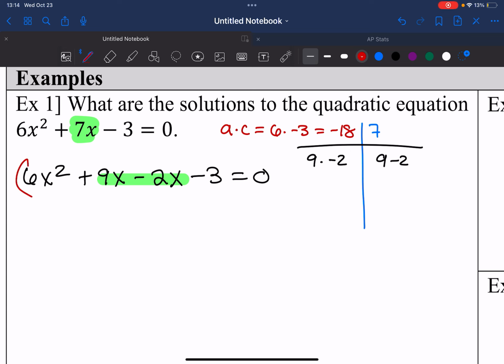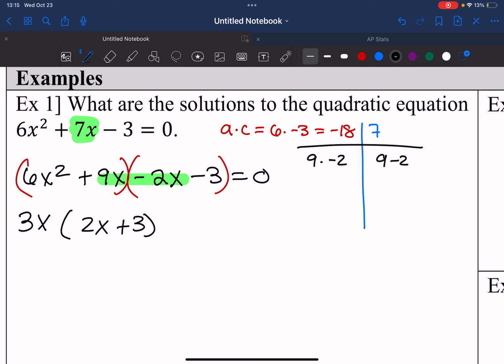Okay, then we group our first two terms. So I'm taking the GCF out of the first parentheses. I can take a 3 from 6 and 9, and I can also take an x since they each have an x. So when I divide 6x squared by 3x, I'm left with 2x, and 9x divided by 3x gives me 3.